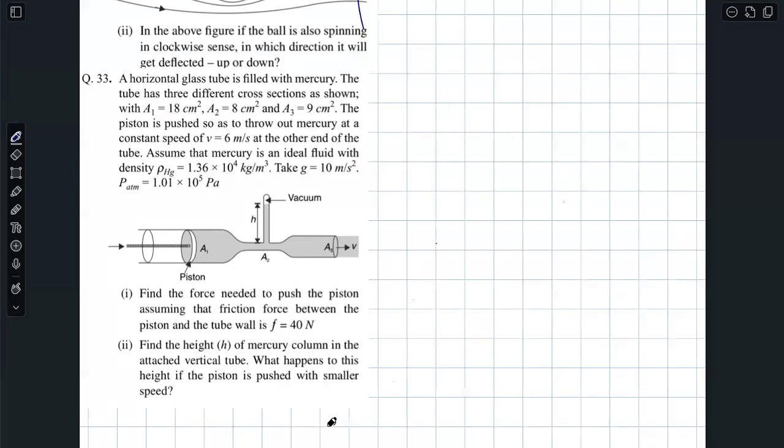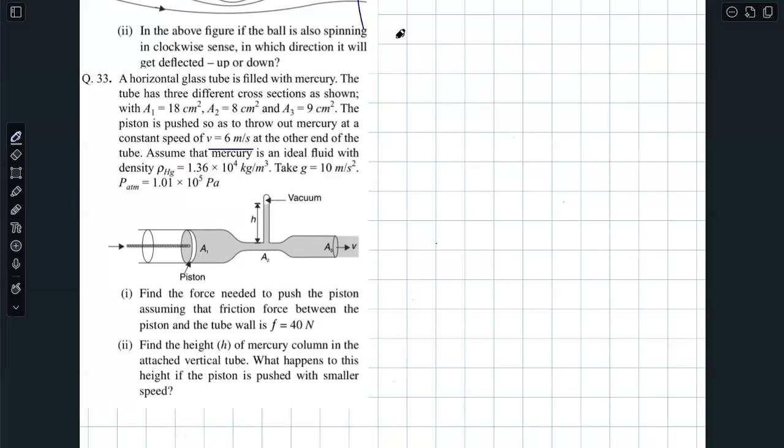A1 is equal to 18 centimeters squared. Piston is pushed so as to throw out mercury at a constant speed of V equal to 6 meters per second at the other end of the tube.